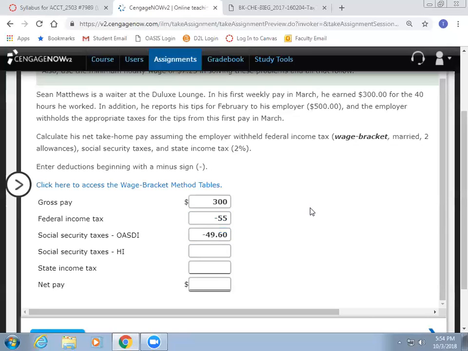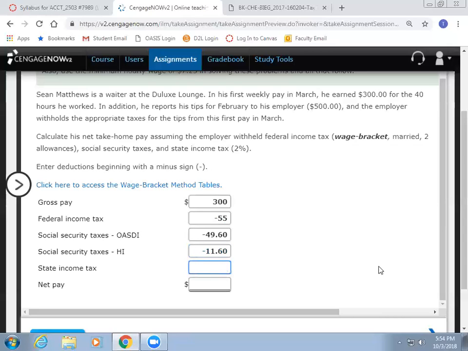The Social Security should be 6.2% of 800. So it's $49.60. And then what about the Medicare? $11.60, good.